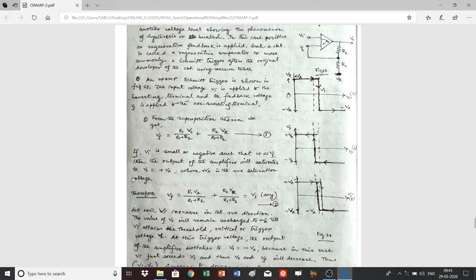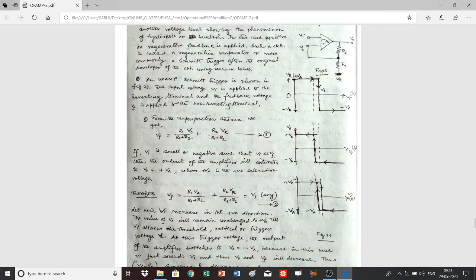In that case, the output V0 will be plus VA, and using this value in this equation, you will find Vf is equal to R1 VA by R1 plus R2 plus R2 VR by R1 plus R2. Let this be equal to V1.